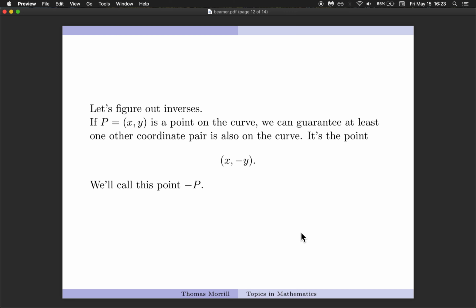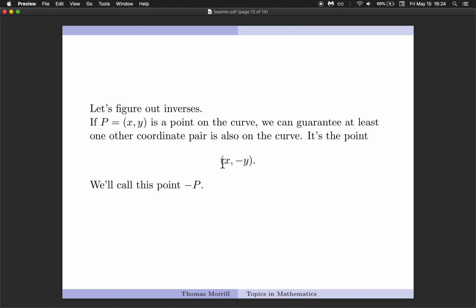That's just the convention that we use. The opposite of addition is subtraction. So if I have a point P whose coordinates are x and y, its inverse is going to be minus P, right? P plus minus P should be 0, if we were doing regular addition. So in this case, P plus minus P should give me O, the point at infinity.